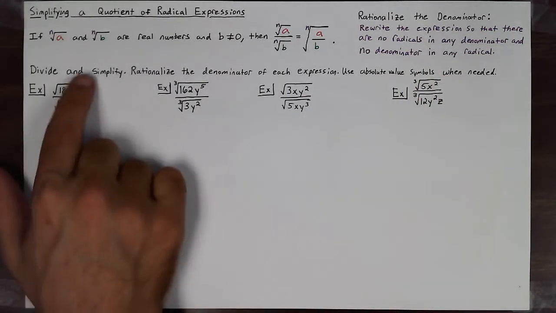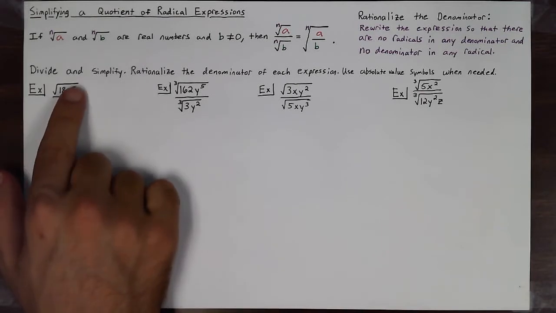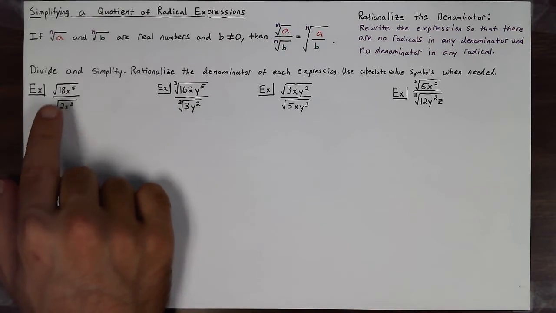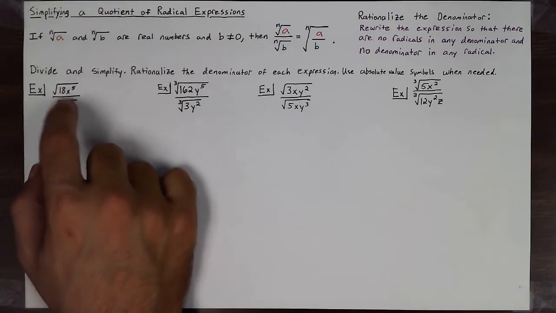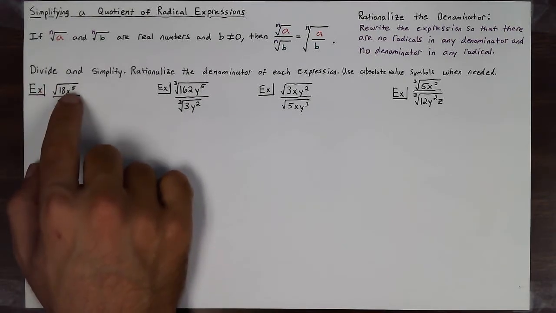So again, we'll start with this first example. We have the square root of 18x to the fifth, divided by the square root of 2x to the third. Now these are odd powers underneath an even radical, an index of 2. So x to the fifth could be a negative number if x is negative.